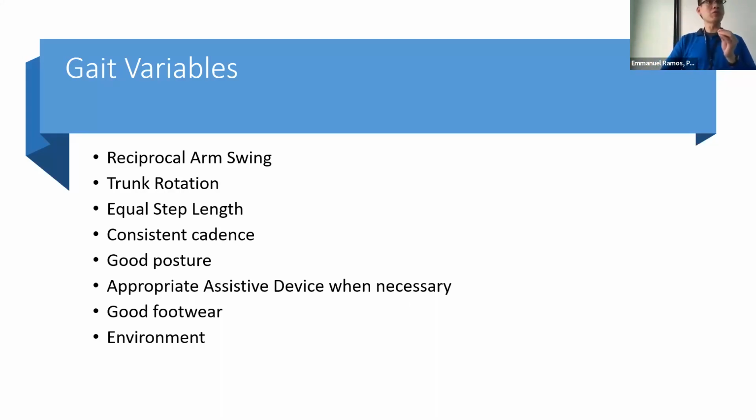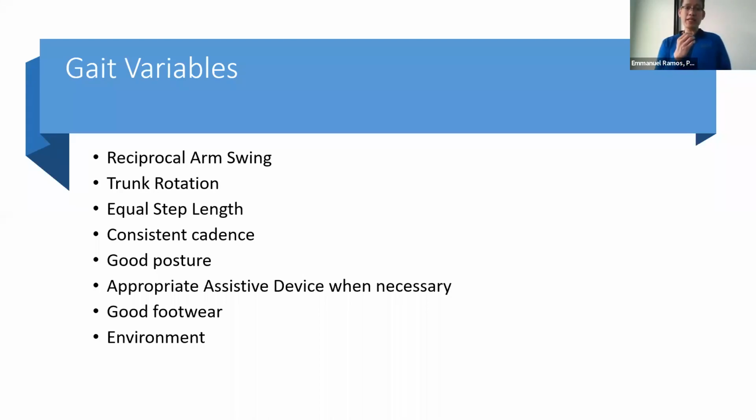Good posture is also one of the things that we look for. A lot of times when we don't really pay attention to the way we walk, we tend to go forward or backwards, but most of the time it's forward because of our tendency to lean forward, especially when our head is forward as well, okay?